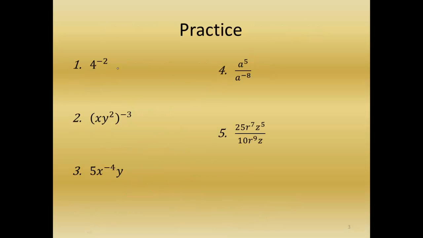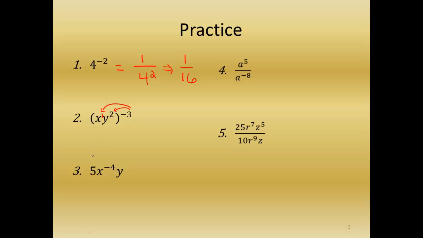So the first one here, 4 to the negative 2, use the negative exponent property. I write that as the reciprocal, 1 over 4 squared, which then can become 1 over 16. Second one here, it has parentheses, so I'm going to use the power property first and multiply these exponents.